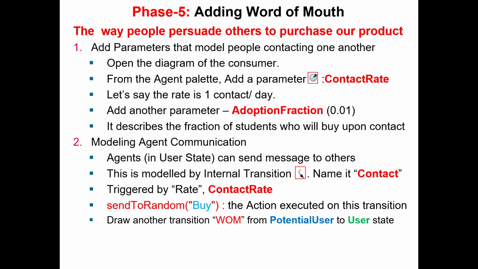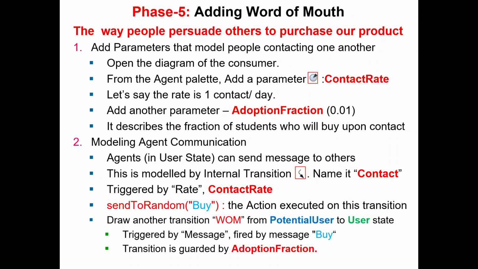So we'll draw another transition from the potential user to the user state, and we will name it word of mouth, or WOM. This transition will be triggered by a message received from the user, and the message is buy. This transition is guarded by the adoption fraction.